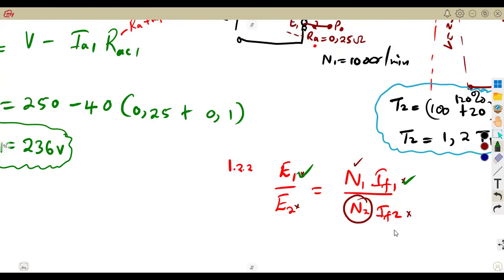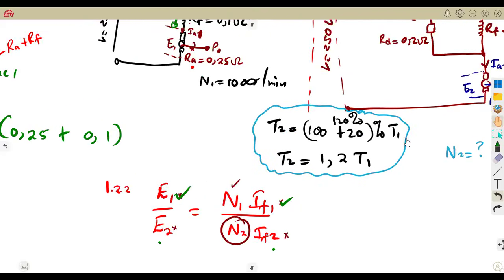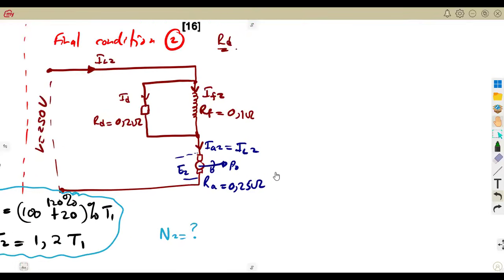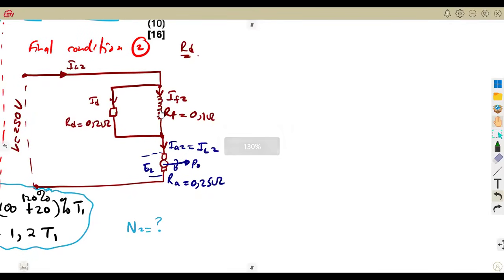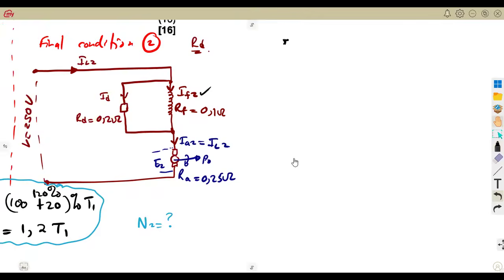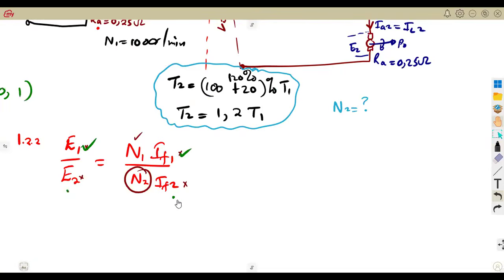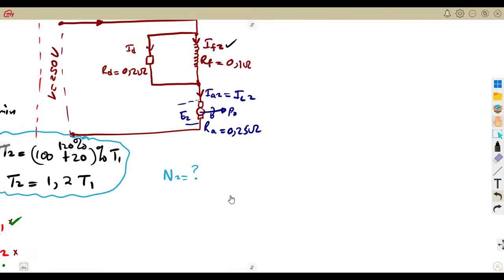What is missing? IF2 and E2. Where can we get these? Let's consider our final condition and see what we can obtain from there. If I wanted to calculate IF2, since it is needed, I would use the current divider rule.